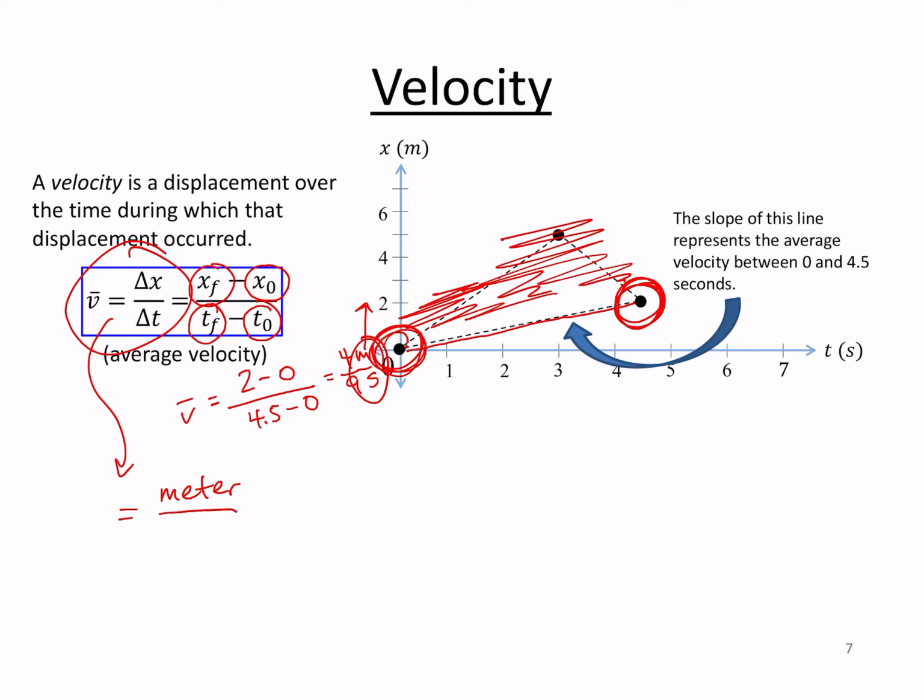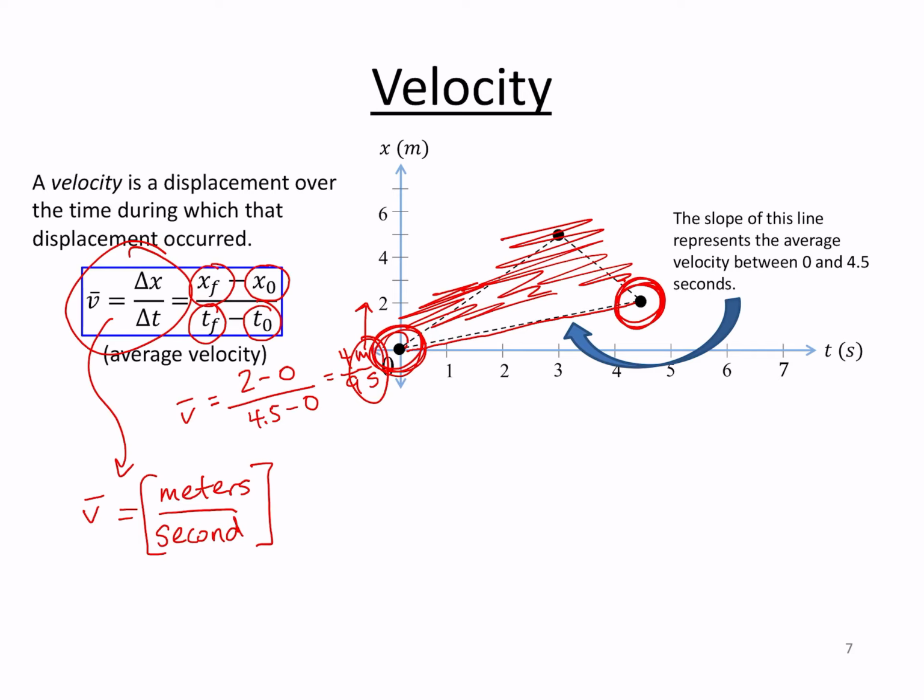And the fundamental unit of time is the second. So delta t would be measured in seconds. So meters per second is what our unit for average velocity would be. That's the standard unit. Of course, you can denote velocity in all kinds of other units, but if you're reducing it down to the standard units that we'll be using in physics, meters and seconds, it's meters per second.